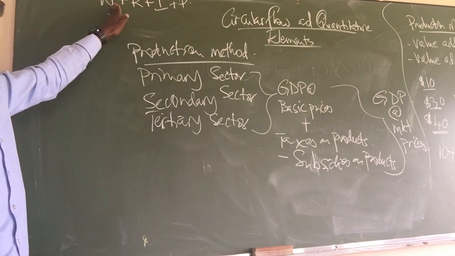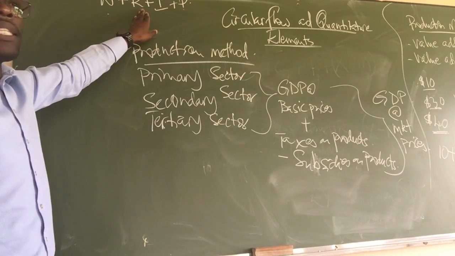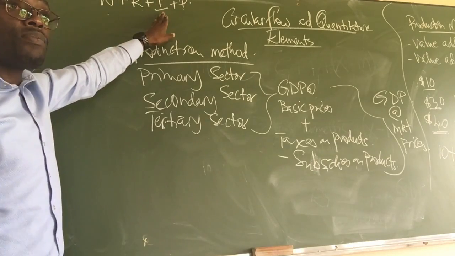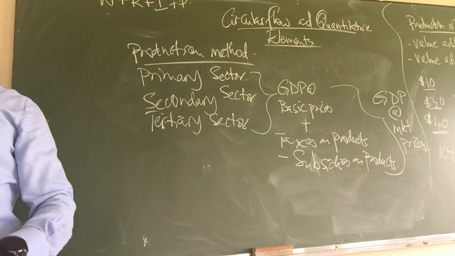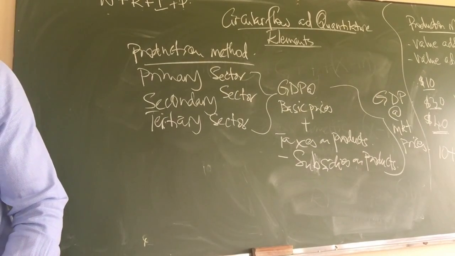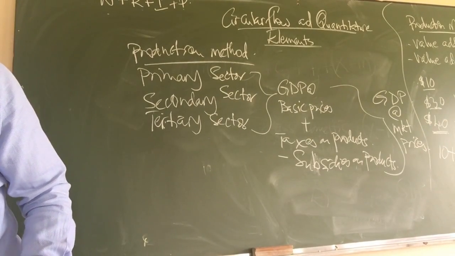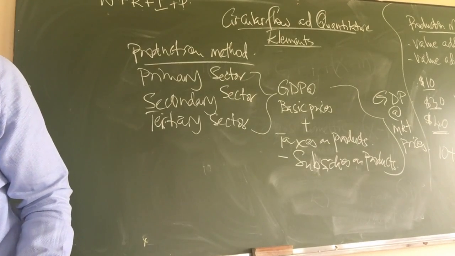We have the rent, we have the interest, and we also have the profit. But our profit normally appears as net operating surplus. Now, these are the components that we look at when we are looking at our income method.